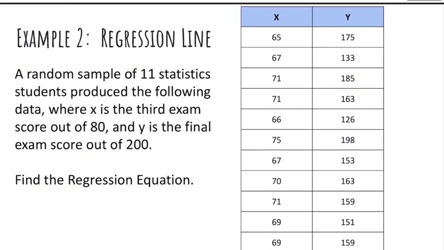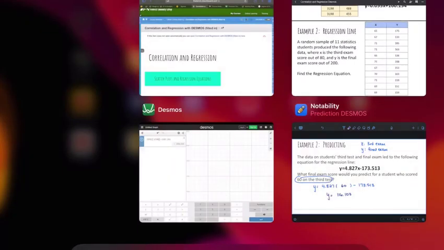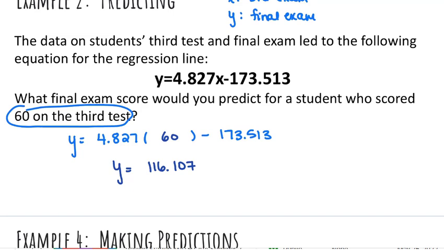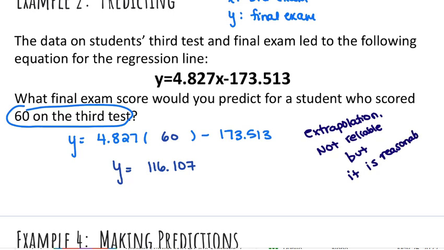Because it falls outside of that, this would be considered extrapolation, and it's not reliable. But is it reasonable? I would say it is reasonable, and the reason is because the final exam scores are out of 200. So you could definitely make a 116.107.